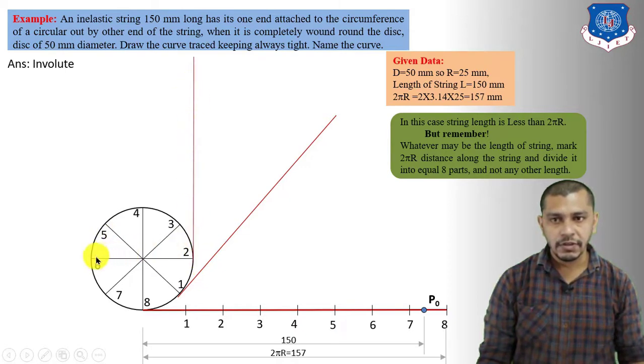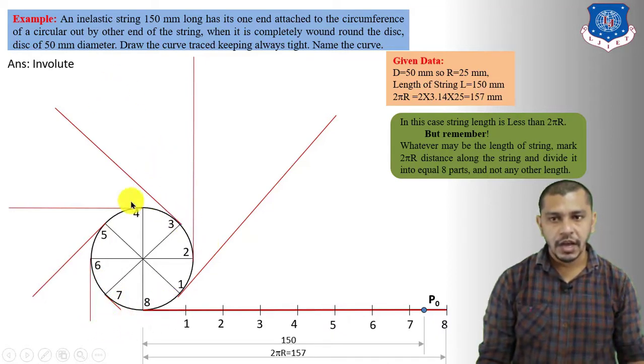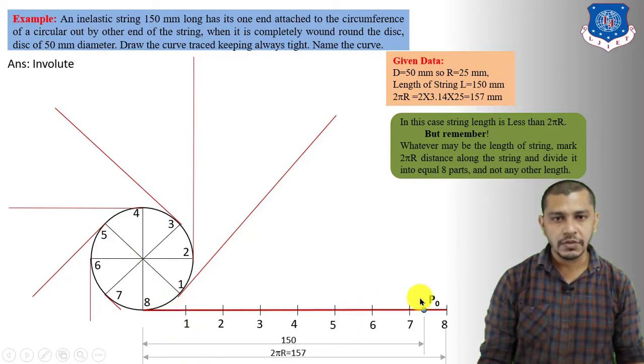Draw the tangent from 3 perpendicular to this diameter, and likewise from 4, 5, 6, 7. Now after drawing the tangents, measure the 1 to P0 distance on the rounder, and by taking center at 1, mark point P1 on this line. This length will be equal to 1 to P0, not 1 to 8.